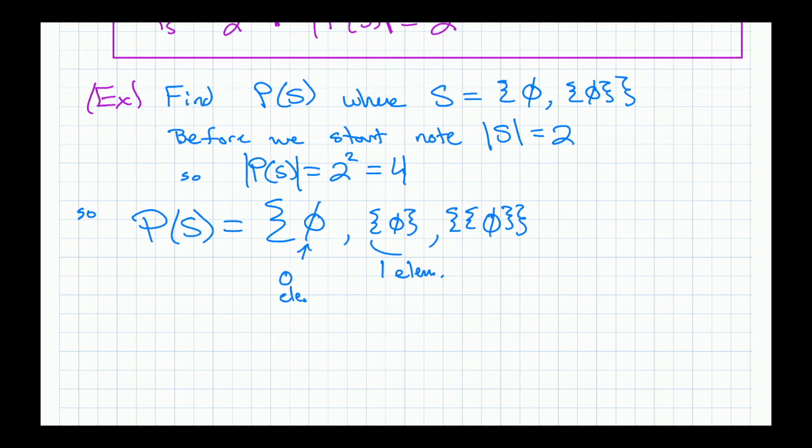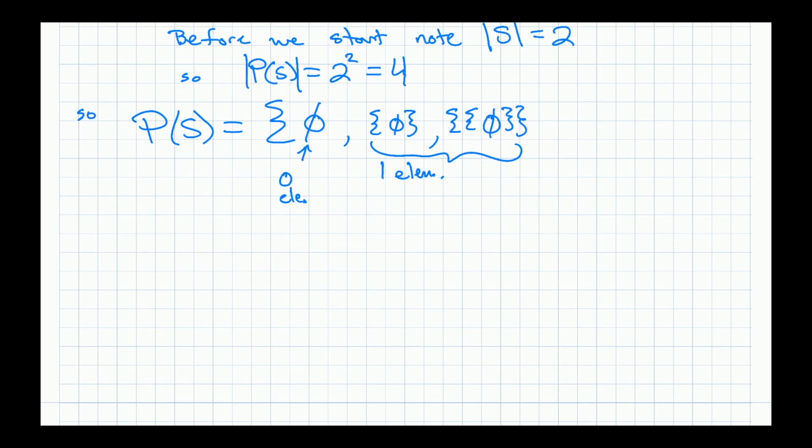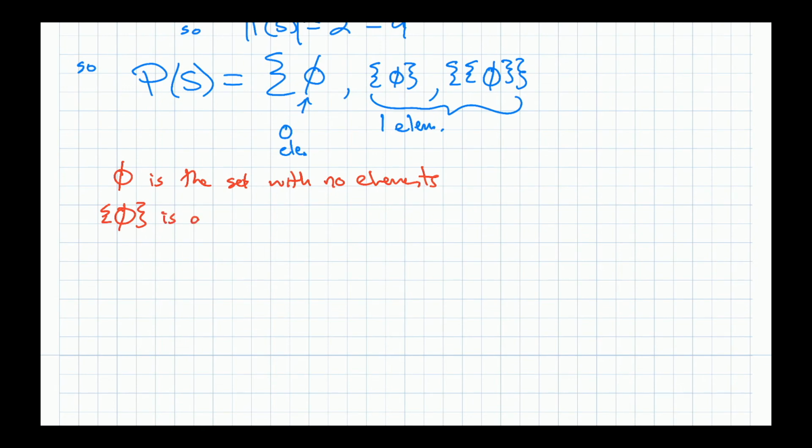All right. Now that's confusing. I know it is. But what's happening here is that this is the set containing 0 elements, the set with no elements. This is not the set with no elements. The next one is a set with one element, and that one element is the set with no elements.